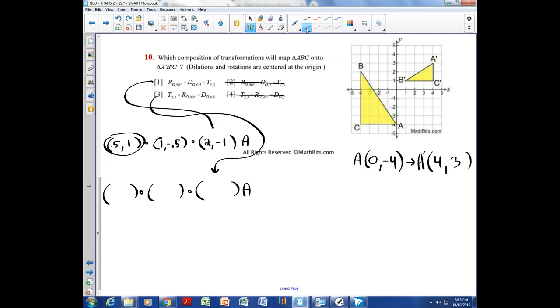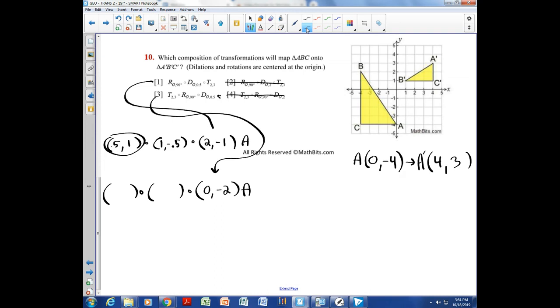So here we go. (0, -4). The first thing they're asking in number 3 is to do the dilation, so to cut those each in half. Well, half of 0 is 0, and half of -4 is -2.